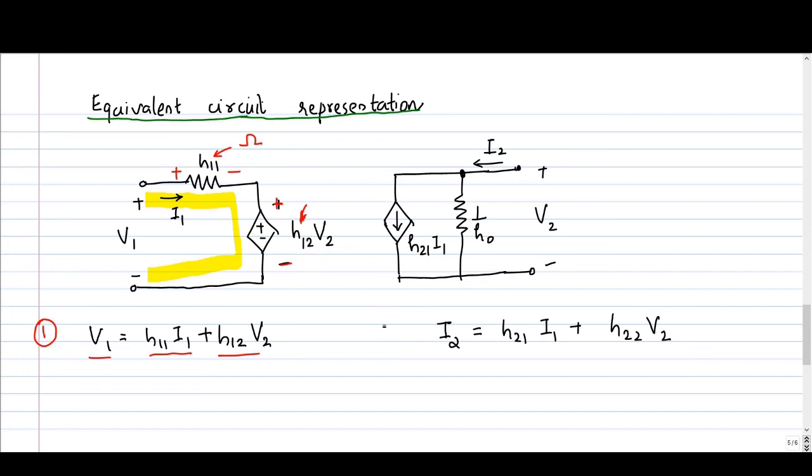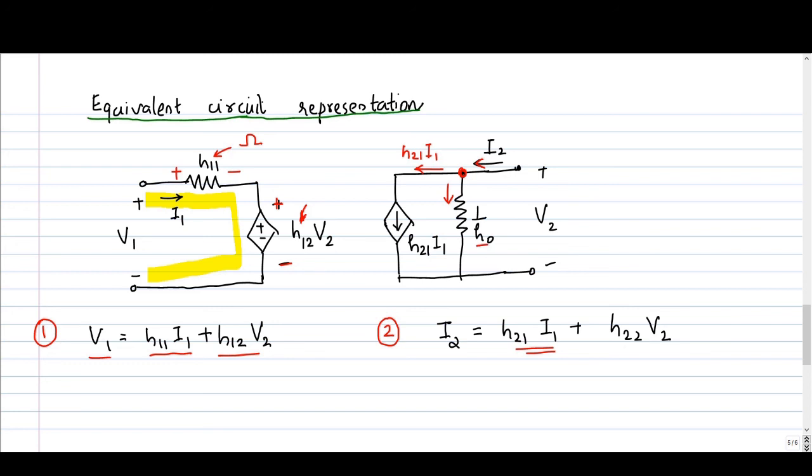Similarly, the second equation was I2 is equal to H21 I1 plus H22 V2. If you apply KCL at this node, the incoming current is I2 and it divides into two currents. So I2 is equal to the sum of these two currents. The current through this path is H21 I1, a dependent current source with magnitude H21 I1. So I2 will be equal to H21 I1 plus current through this resistance.